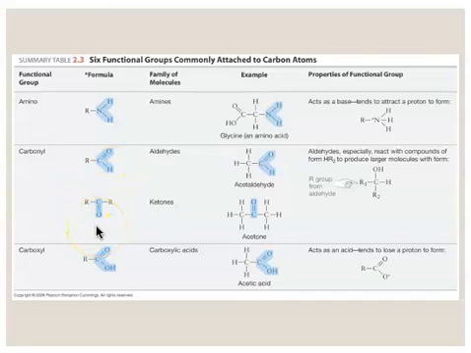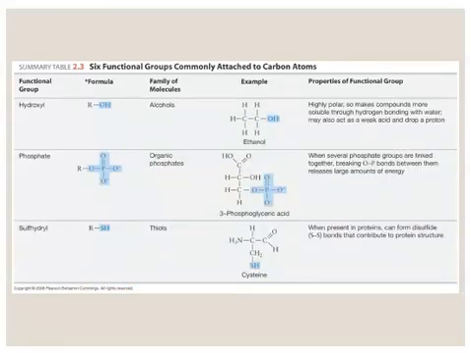So a carbonyl group can either be a carbon, an oxygen, and a hydrogen, or a carbon and an oxygen. The carboxyl group looks similar to the carbonyl, but a little bit different. It's a carbon, 2 oxygens, and a hydrogen. Next is the hydroxyl group. That's an O and an H, oxygen and hydrogen.